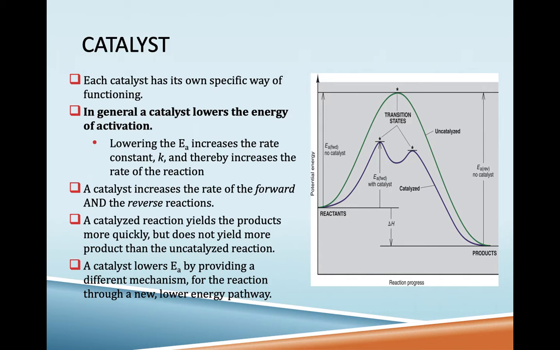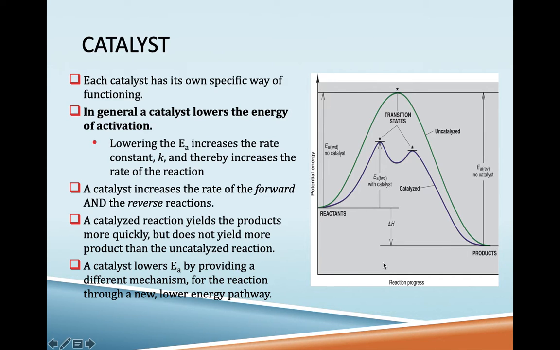With a catalyzed reaction, all we've done is said more particles can get to the product stage at a faster rate, but it's not magically going to add extra reactants that make more products. We just get to that final location at a faster clip.